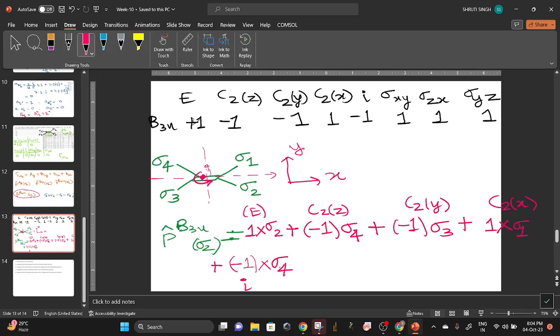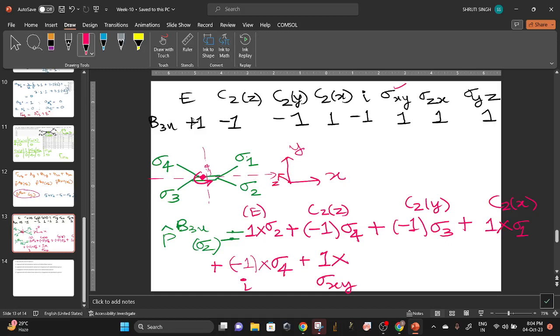This is for inversion. Now this one, sigma xy, the character is 1. What is the xy plane? Suppose this is sigma 2. The xy plane will be like this plane.